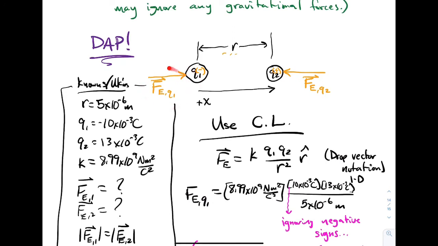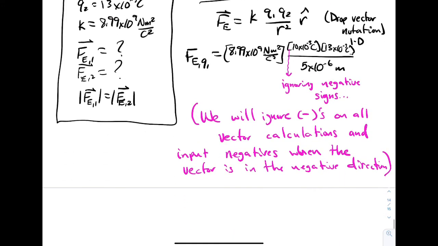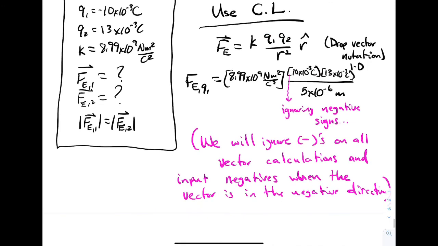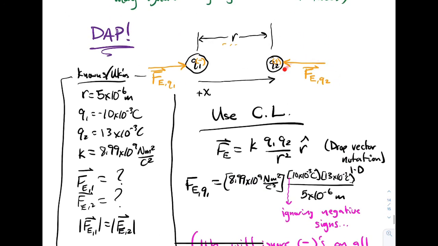Fe1 will be positive because we chose right to be positive. Fe2 will be negative because we chose right to be positive. Now, if we were to actually substitute the negative value in for Fe1 or Fe2, Q1 is always negative, so both of those calculations will actually give us a negative value. That's why I'm going to ignore it, and I'm just going to input the negative sign when I write the electric force on Q2 because it's in the negative direction.